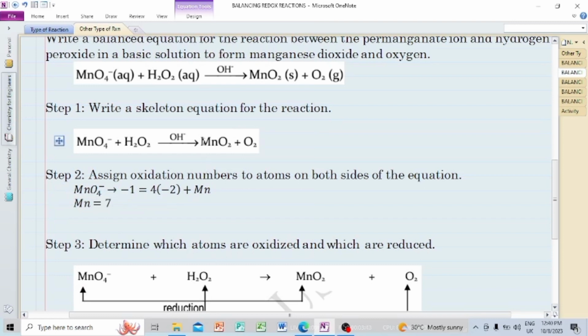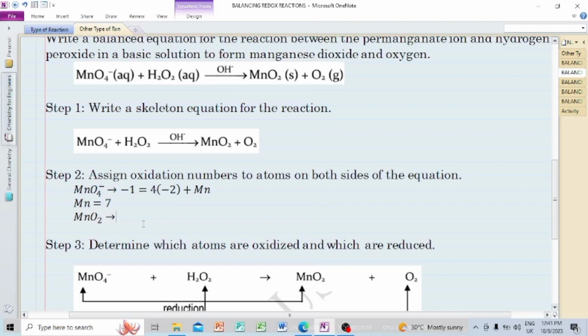On the product side, we have MnO2. Again, the sum of the oxidation numbers of a neutral compound is equal to 0, because it is neutral and has no charge.